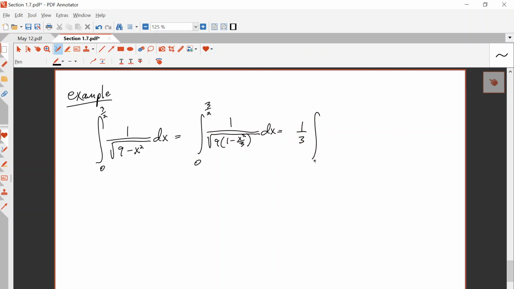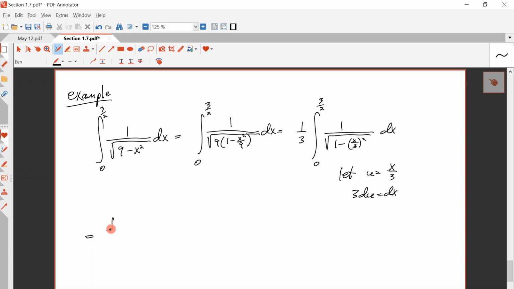Because it's underneath the square root, when you factor it out, you have to take the square root. So that becomes 1/3, integral from 0 to 3 halves, 1 over square root of 1 minus x squared over 9, which is x over 3 squared, dx. Let u equal x over 3. So 3 du is dx.